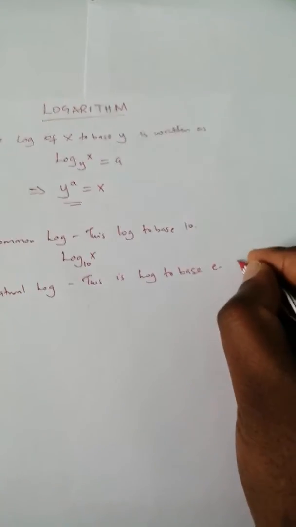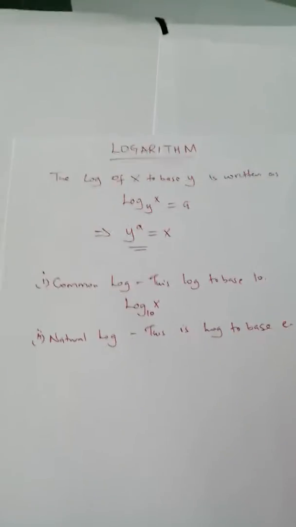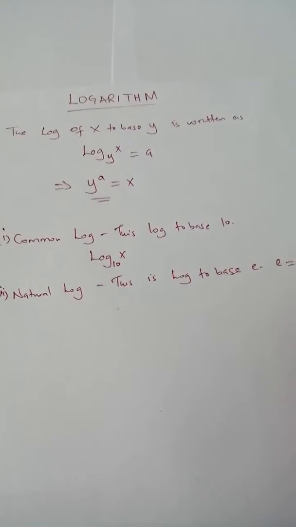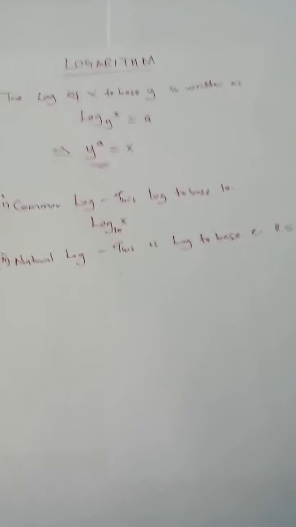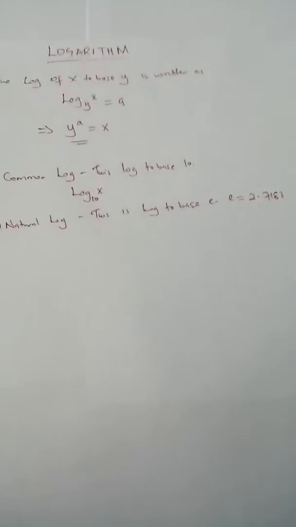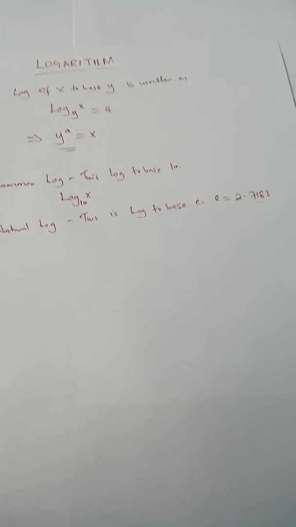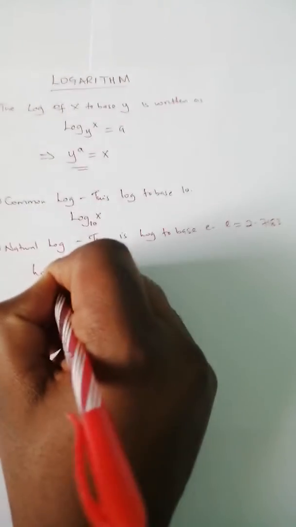Now e is usually read as exponential and is equal to 2.7183, that is to 5 significant figures, and you can write it as log to base e of x.